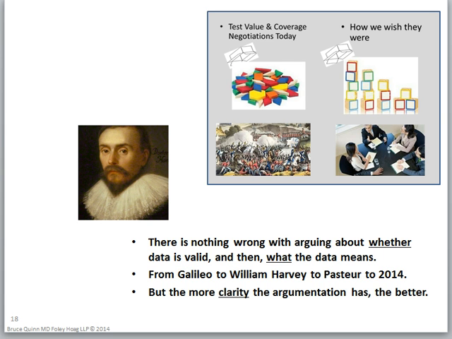There's nothing wrong with arguing about whether data is valid and then what the data means. You see this going back to the early 1600s with Galileo and William Harvey. William Harvey, who discovered the circulation of the blood and had several means for demonstrating it, wrote in a letter late in his life that when he had this data about circulation of the blood, some people found it very convincing.